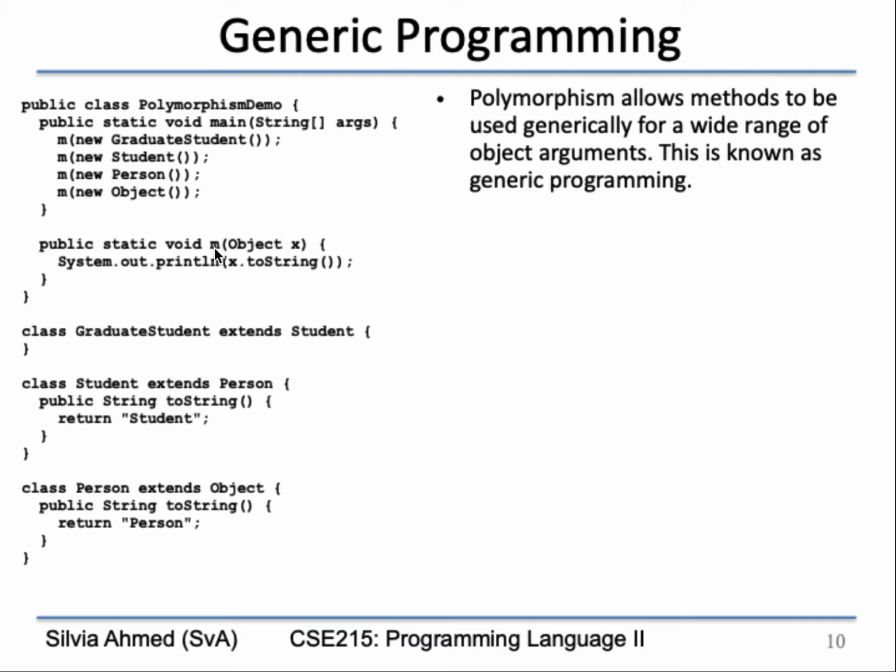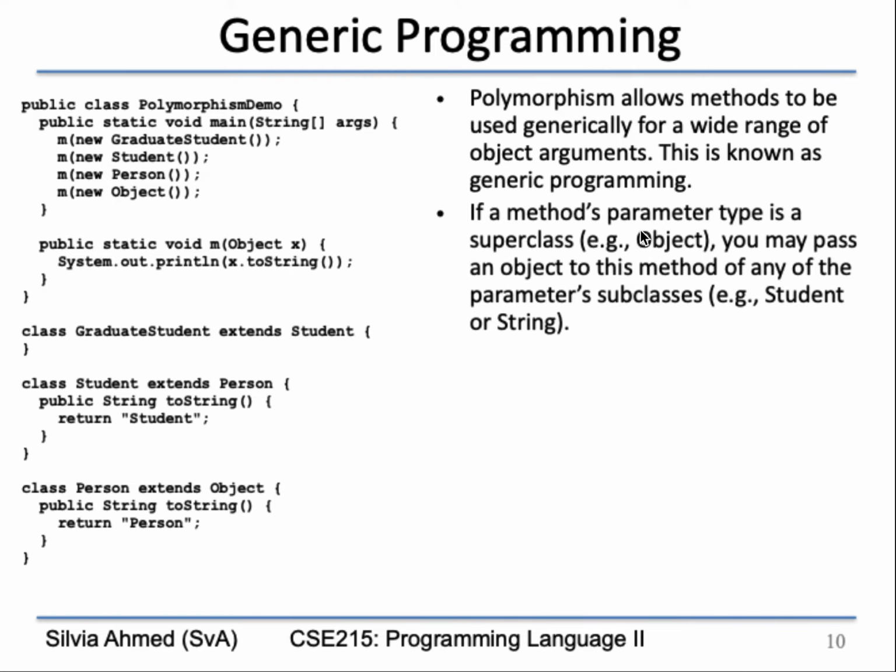That means once for the parameter type Object, then we would need to overload method M with parameter type Person. Then we would need to write another method M with parameter type Student. Then again another method M with parameter type GraduateStudent. But we can generalize the method M by using the most general superclass as its parameter type, and this is generic programming.